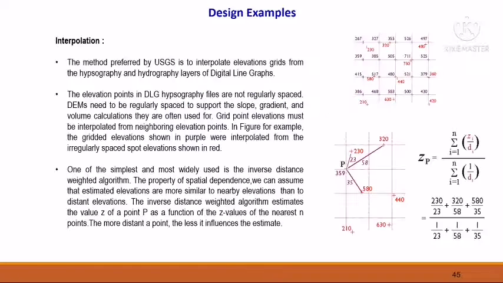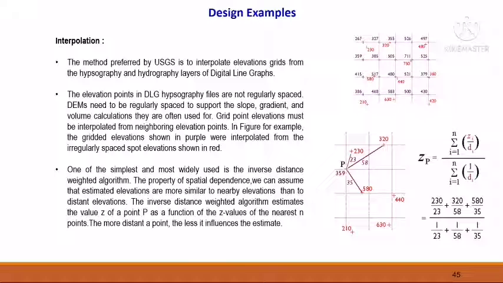When it comes to design examples, as I already spoke about bicubic interpolation and the nearest value, this is a sort of graph used for plotting digital line graphics, hydrographic layers and so on. We use all these kinds of graphs over here.